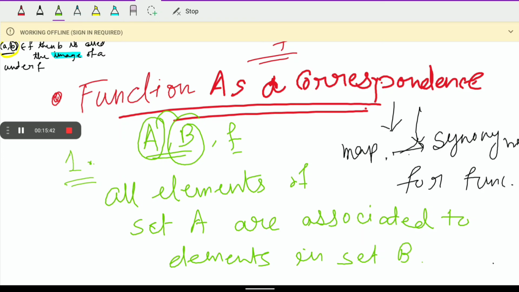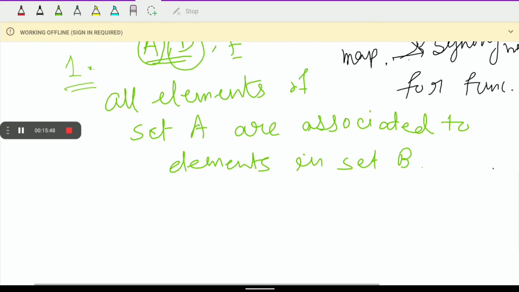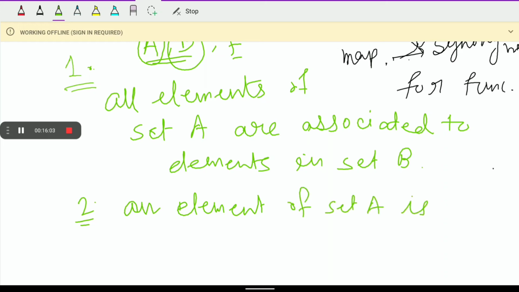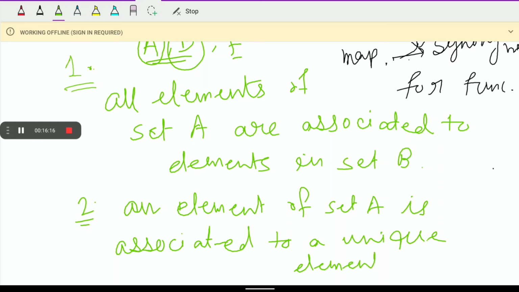Now what is our second condition? Our second condition is that one element of set A is associated to a unique element in set B. That is the two conditions.